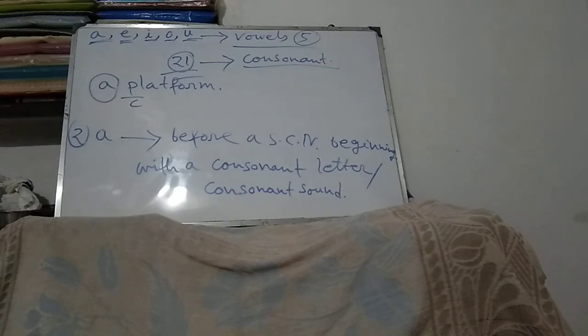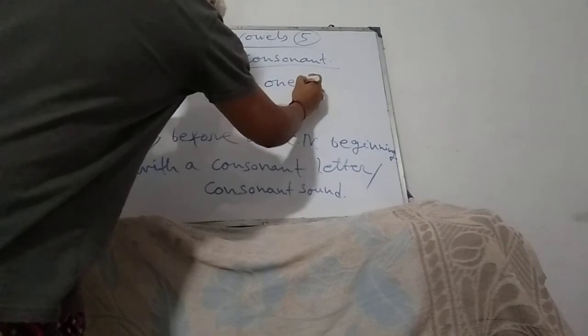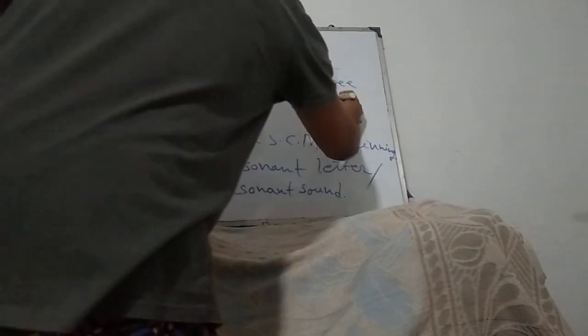But in some cases the word begins with a vowel but is pronounced like a consonant. In those cases also a is used. For example, a 1 rupee note.